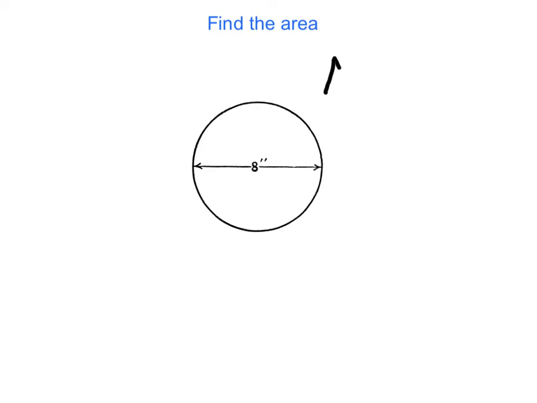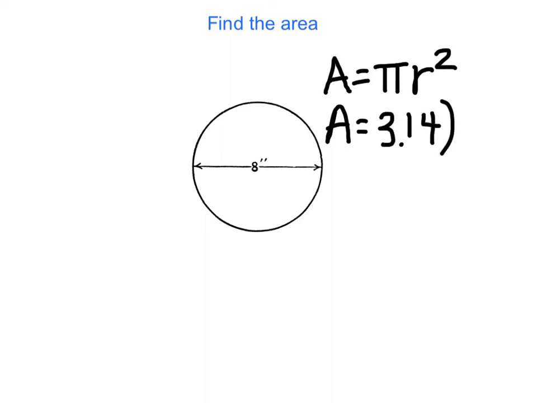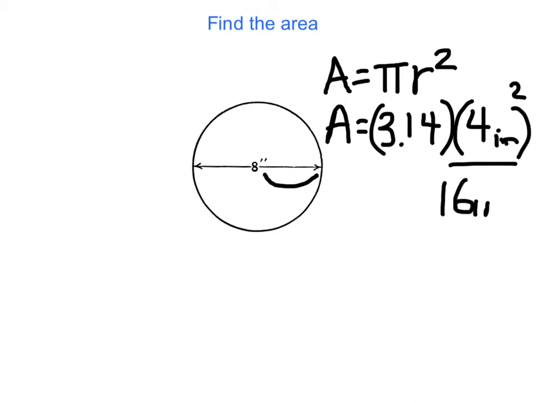Welcome back from pausing the video. The area of the circle is pi times radius squared. Pi is 3.14. The radius is half the diameter. So this would be 4 for the radius, and that's inches. And that gets squared. Now, following order of operations, we're going to square 4 first. So we get 16 square inches.